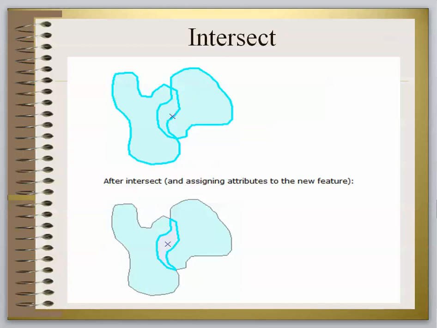But consider this scenario: we found this area where the bears are within the mountain region, and in the original bear layer, the one to the right, let's say there are 500 bears in the attribute table. How many bears are in that polygon? 500. Great. You intersect and create that new polygon, and it takes the original fields and brings them into that new polygon.